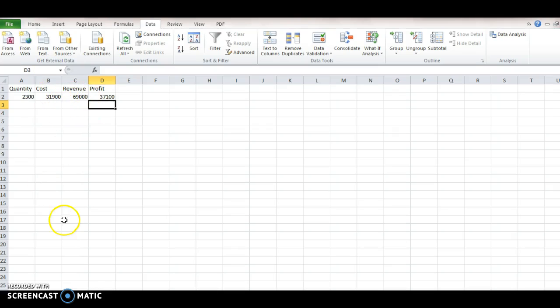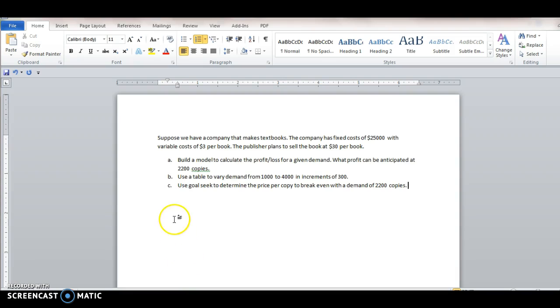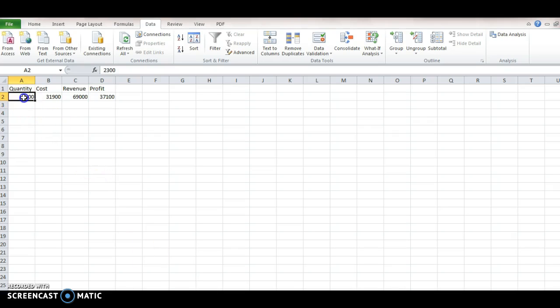than our costs. Then the next part of the problem asks us to build a table with the demand varying from 1,000 to 4,000 in increments of 300. So basically we're going to have the same thing, but we want to start now instead at 1,000 and then increase this.